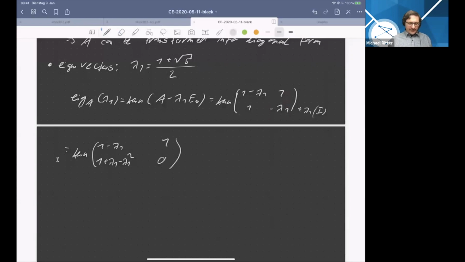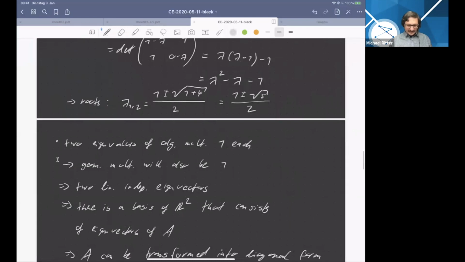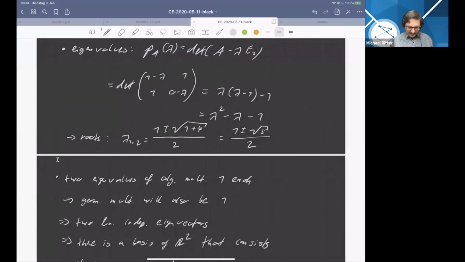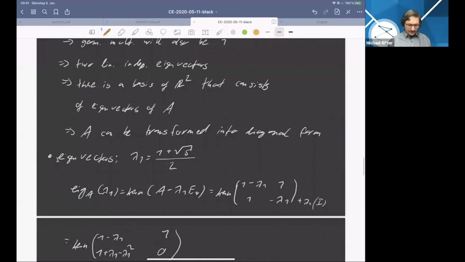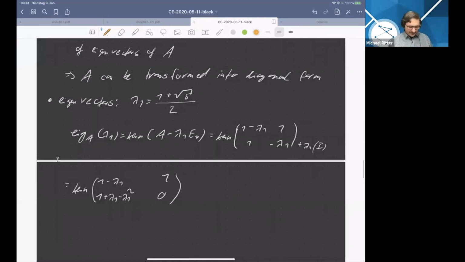Okay, and if you remember the characteristic polynomial, that was lambda squared minus lambda minus 1. So this here is just minus the characteristic polynomial of lambda 1. And lambda 1 is the root of that polynomial, so that means this expression is minus 0. And that's why things work out nicely.